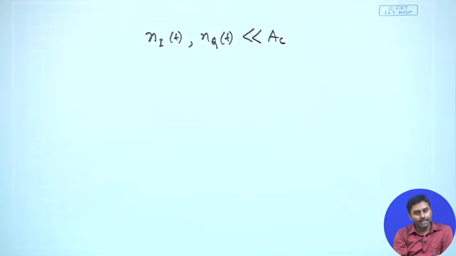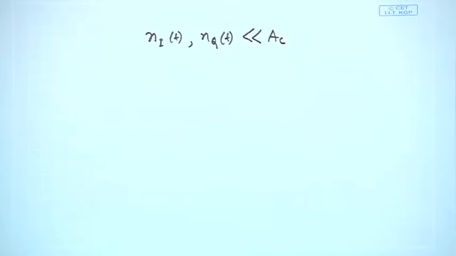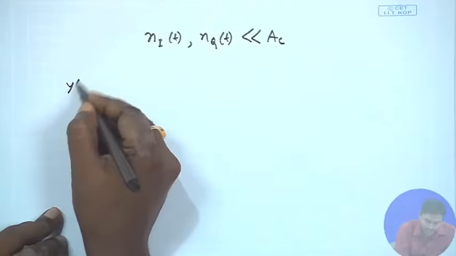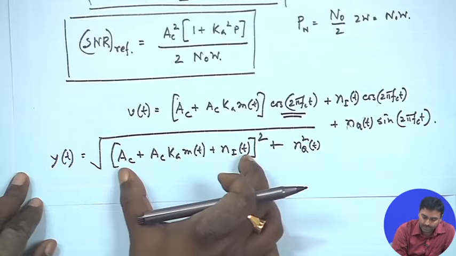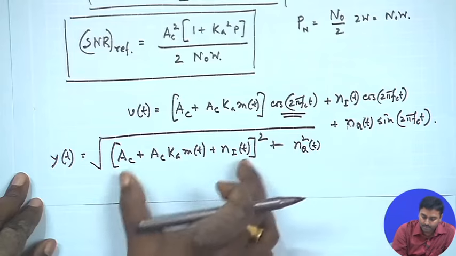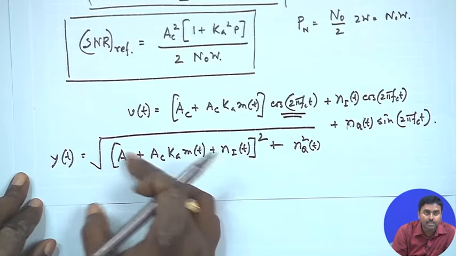With that assumption, generally you will have to put a high carrier. As long as this is valid, you can do some analysis. So, let us try to see what that will be. Immediately y(t) I can write, we have this square plus this square, and this particular term has Ac squared.